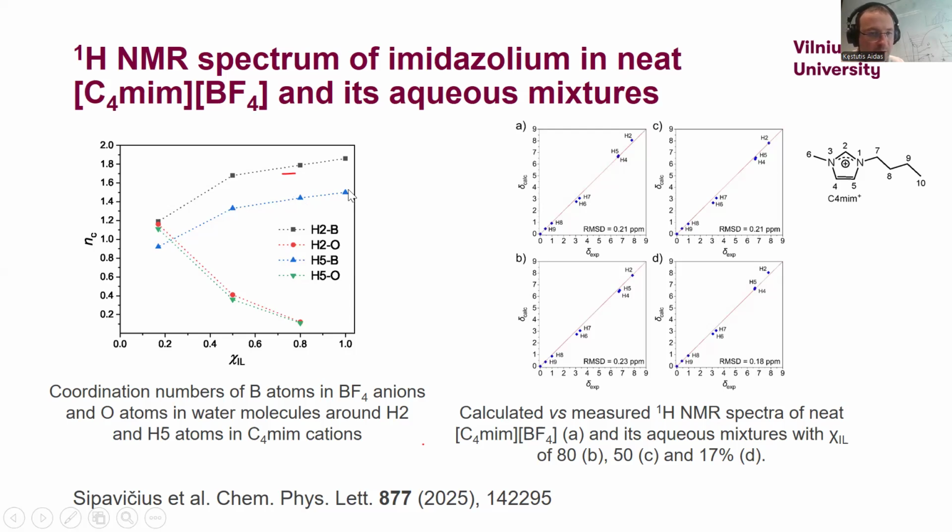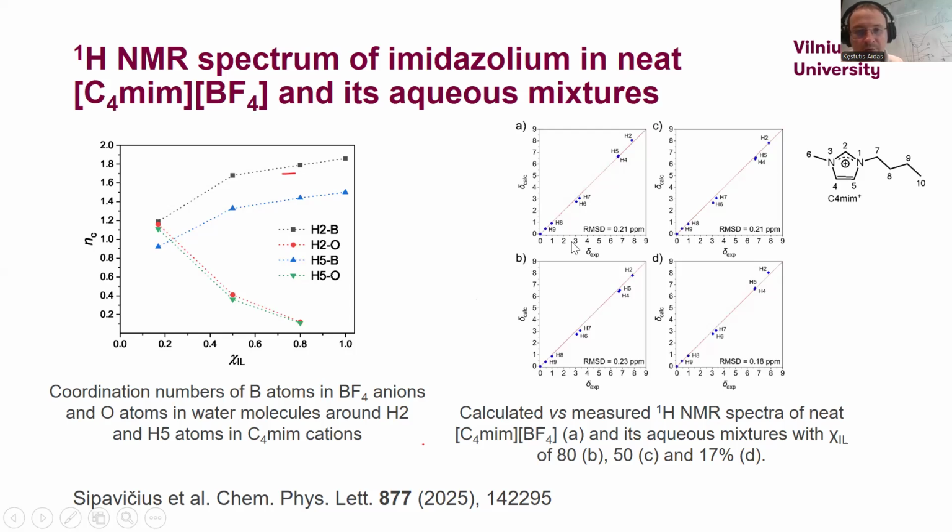Going from the neat ionic liquid to the 50-50% mixture, the coordination numbers of the ions are not changing that much, but if we go to the 17% system, the coordination numbers drop a little bit more. Also, the more water you have in the system, the higher are the coordination numbers. But the thing that I would like to highlight is, of course, this figure here.